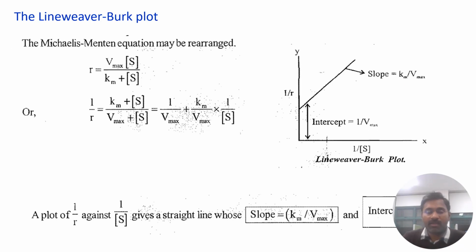Okay, the same equation can now be rewritten in such a way that you can get a linear form of the equation, which is much easier to understand and apply.